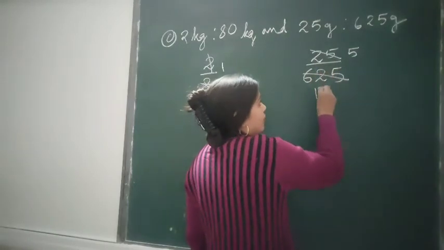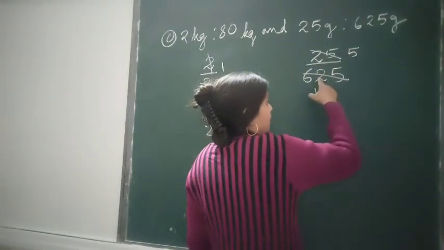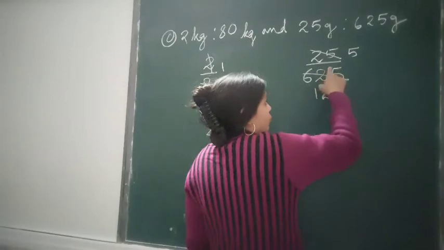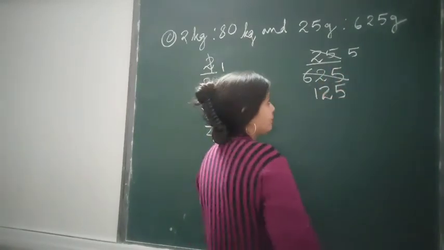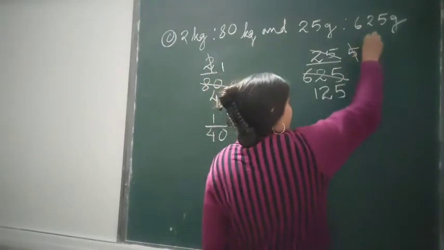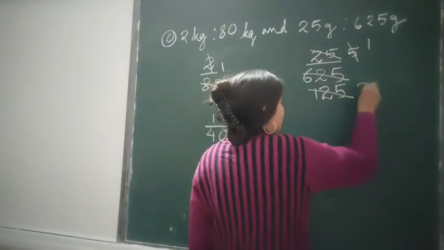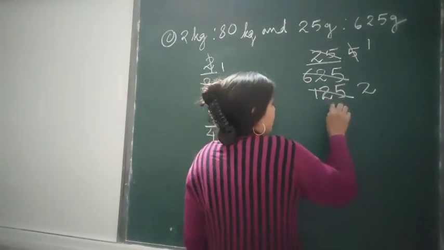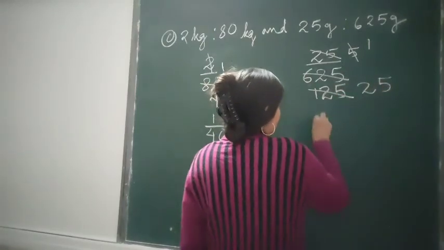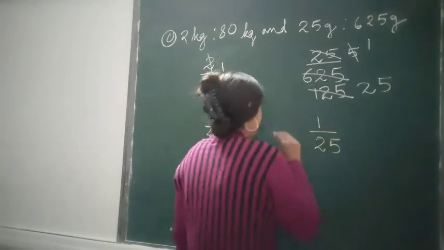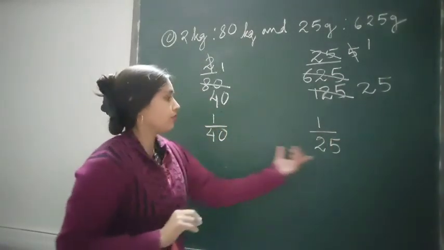So this becomes 12. 5 2s are 10. 12 minus 10 gives us 2. So this becomes 25. 5 5s are 25. Okay. Again they are divisible by 5 only. 5 1s are 5. 5 2s are 10. 2 left and 5 5s are 25. So 1 by 25. 1 by 40, 1 by 25.